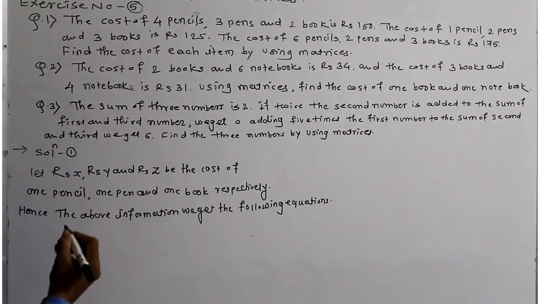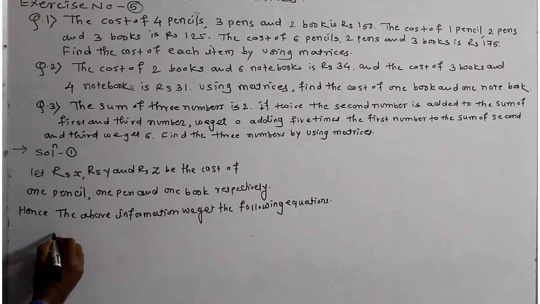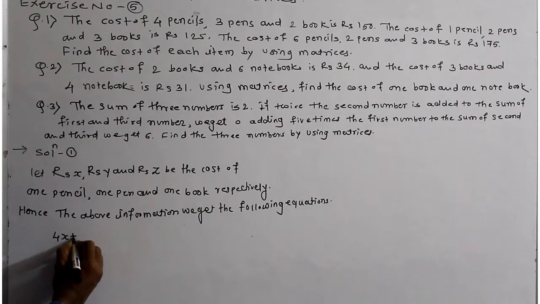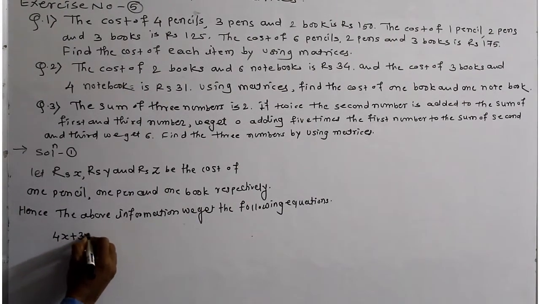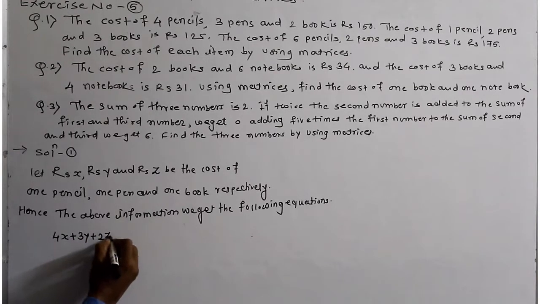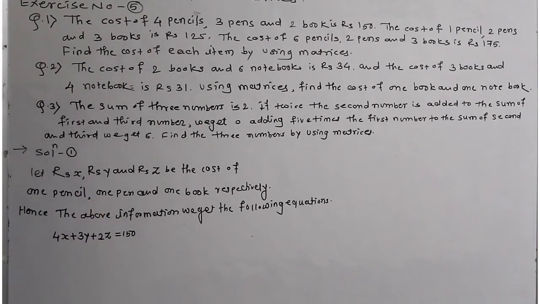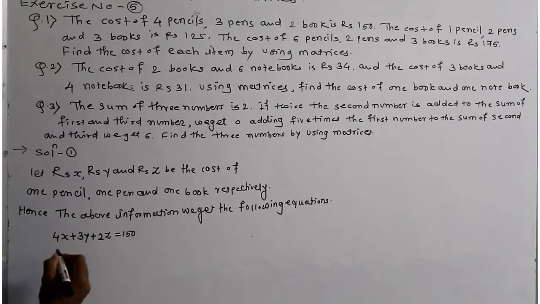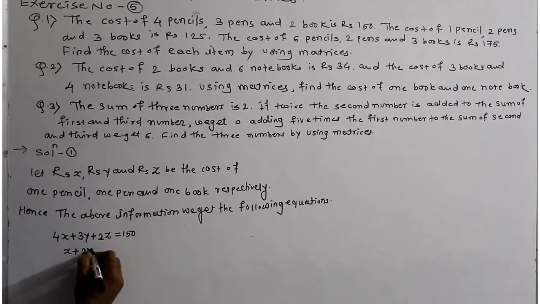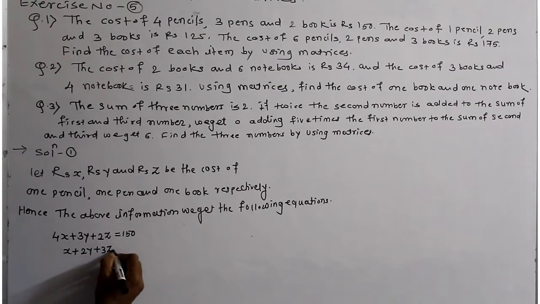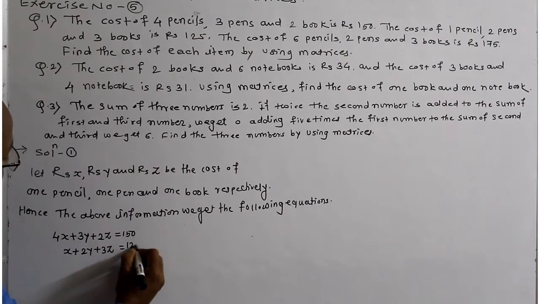So write down the equations. It is 4x plus 3y plus 2z is equal to 150. Second one, x plus 2y plus 3z is rupees 125.